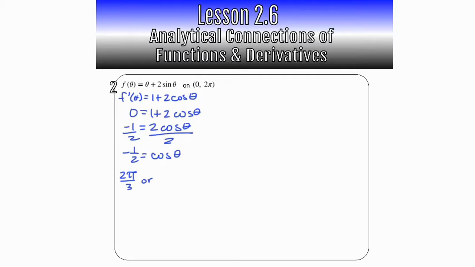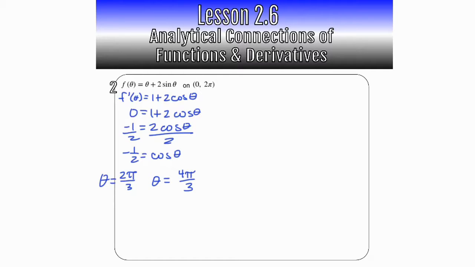And theta equals 4 pi over 3. Okay, so those are our critical values.